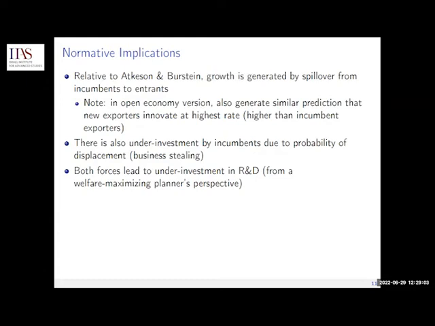But the thing that generates growth in this model is the fact that you're always moving up the entrant, because in the dynamic version, this is increasing over time. But you don't need the entrants to get the growth. Suppose you took the entrants out of your model. Then you would still get a form of growth. Without the spillover, you would still get the growth just from the monopolist. Yes, the competition, yes.